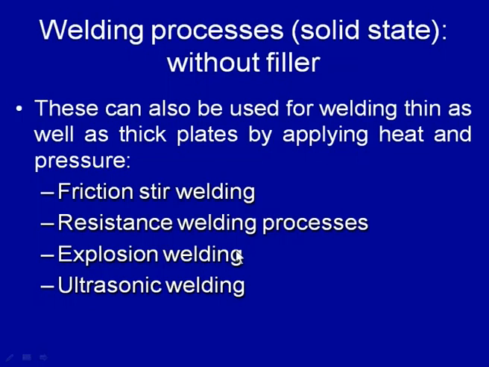In explosion welding, the high velocity of one of the members to be joined is obtained by putting explosive material over it, and then the high velocity plate is allowed to move in a specific way and hit the other member under certain controlled conditions to get the metallic continuity.